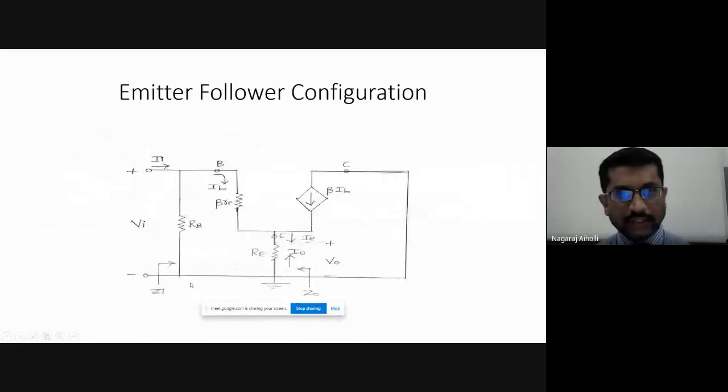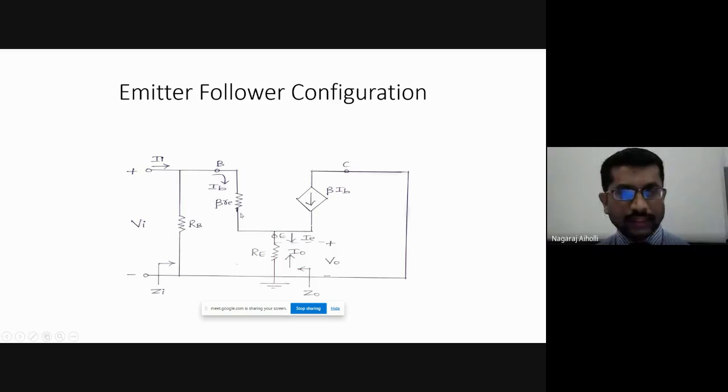This is how we draw the re model. We have the base resistance RB, and beta re. I told how this beta re is obtained by replacing the diode by the resistance re, and we know that re is equal to 26 millivolt by IE. IE is (beta plus 1) times IB, that is approximately beta times IB, because beta is larger than 1.